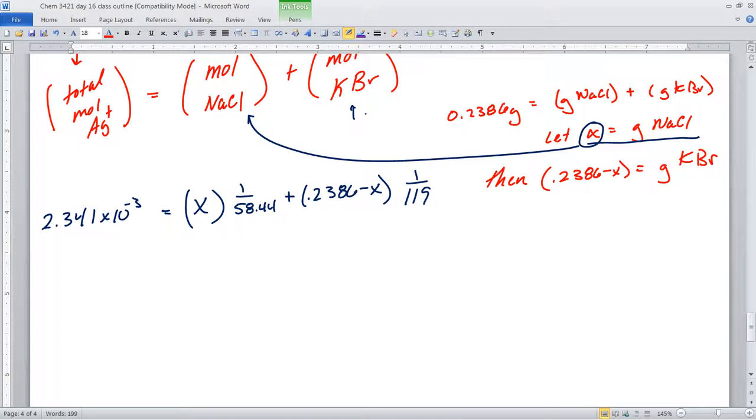So I could multiply both sides by 58.44 times 119, might clean it up better.